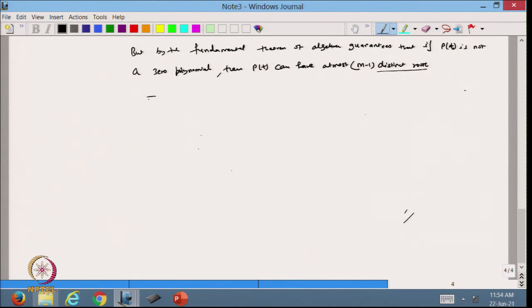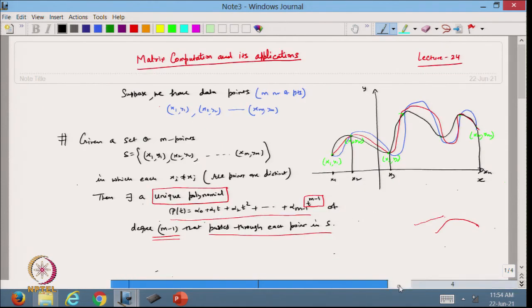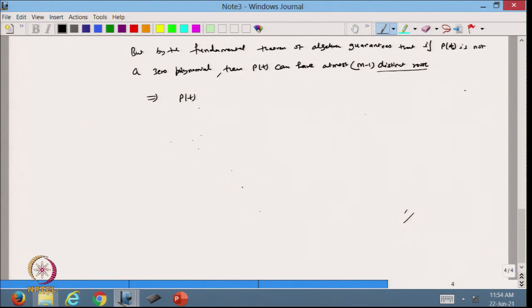So, which implies that my p(t) should be the zero polynomial, but that is not the case. We have taken this one passing through these points. So, this is the only possibility: alpha 0, alpha 1, alpha 2, all the way to alpha m minus 1 should be equal to 0.